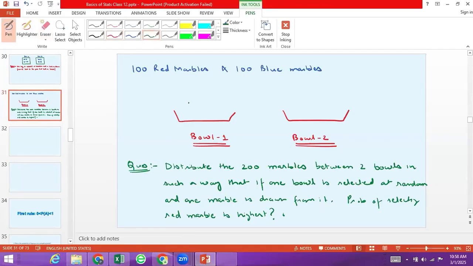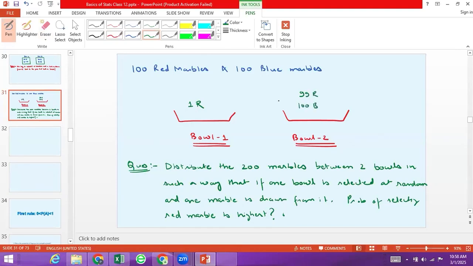The probability for bowl one would be 1 into 1 by 2, and for the second bowl the remaining is 99 red out of 100 blue plus 99 red, so total would be 199.